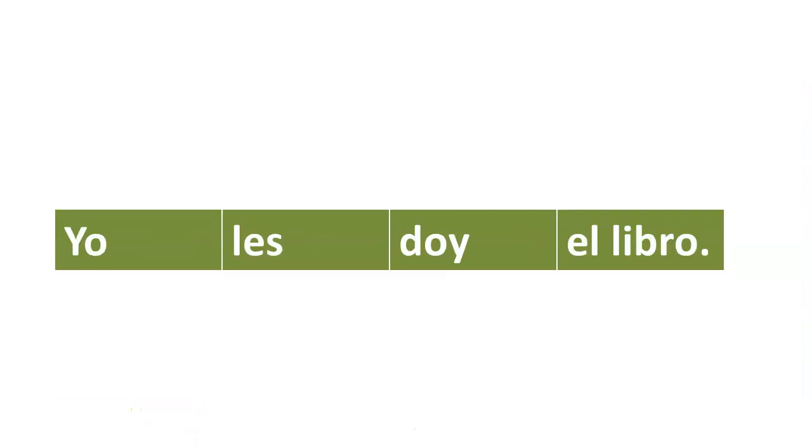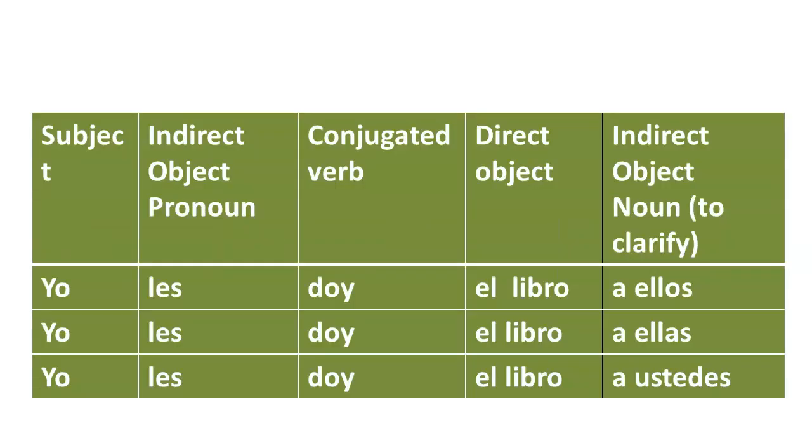The same thing happens with les. If I say yo les doy el libro, this can mean I give the book to you when I'm speaking to more than one person. Or it can mean I give the book to them. So the only way to clarify is by adding this clarifier at the end. A ellos, a ellas, or a ustedes. Yo les doy el libro a ellos means I give the book to them.